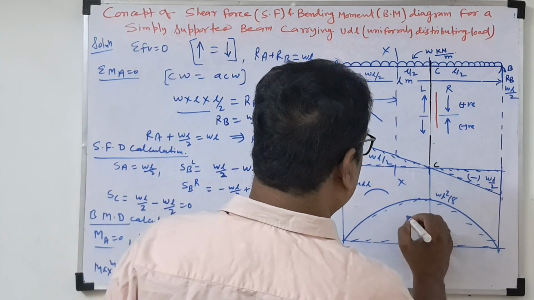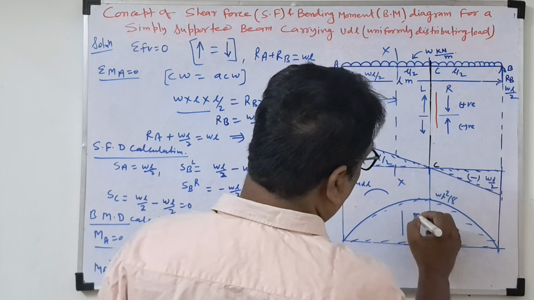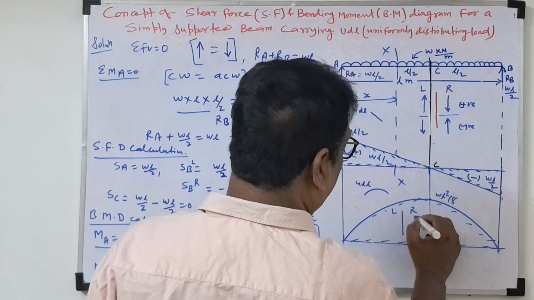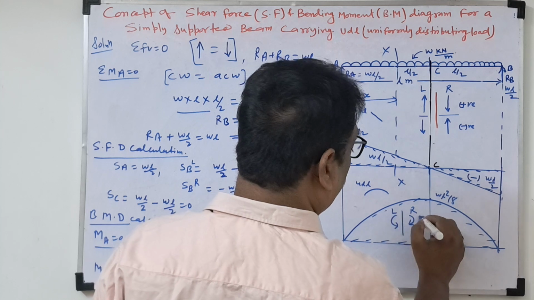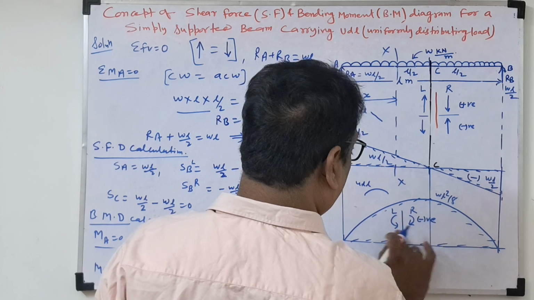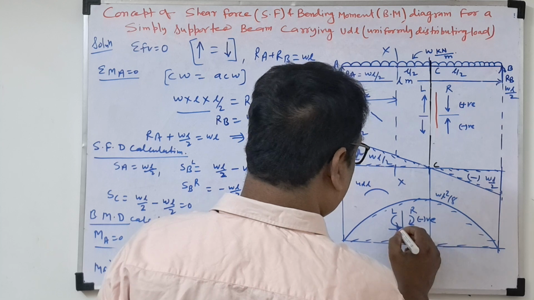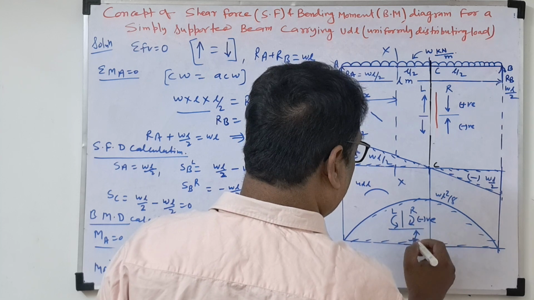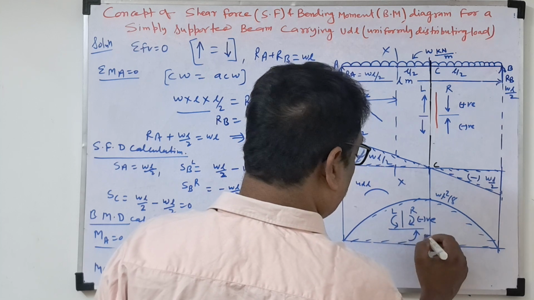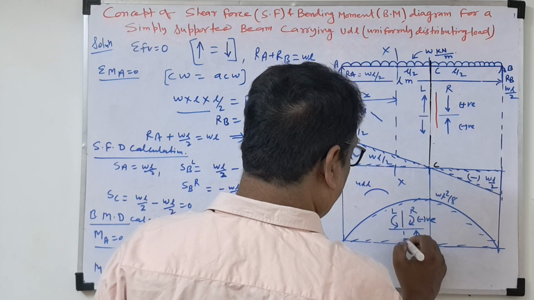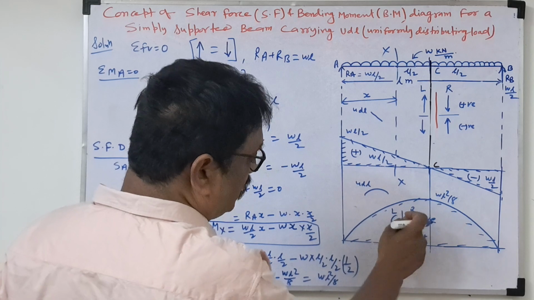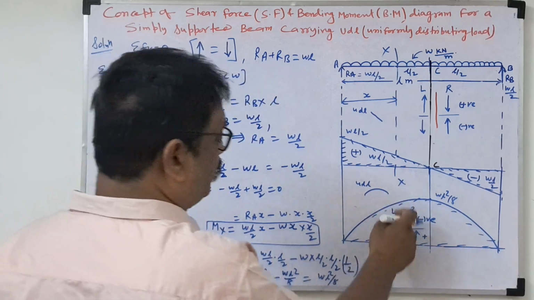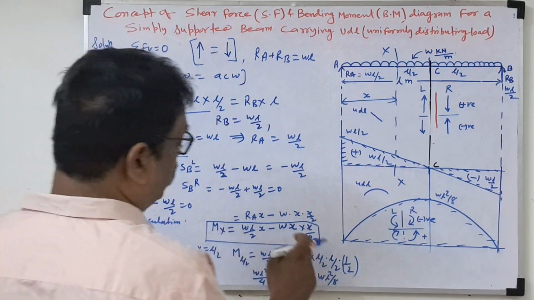What is the sign convention for this? You see here, this is right, this is left. Clockwise, anti-clockwise will be negative. If we see the reverse, anti-clockwise will be positive. From the left side, clockwise is taken as positive.